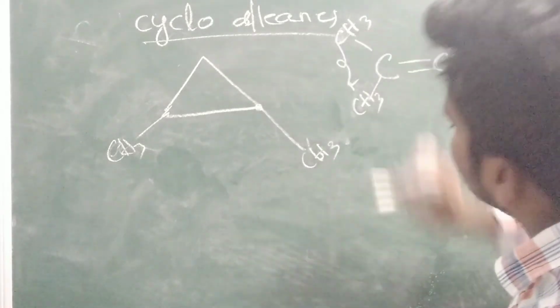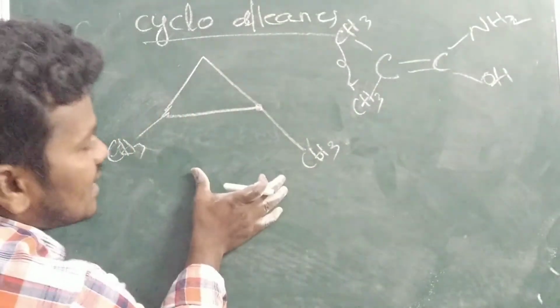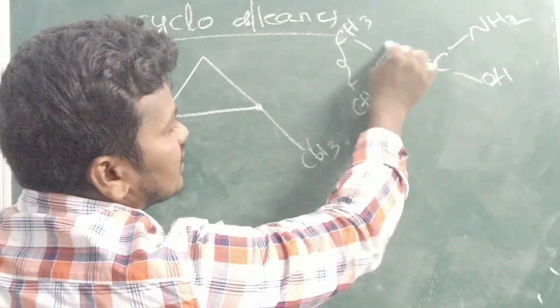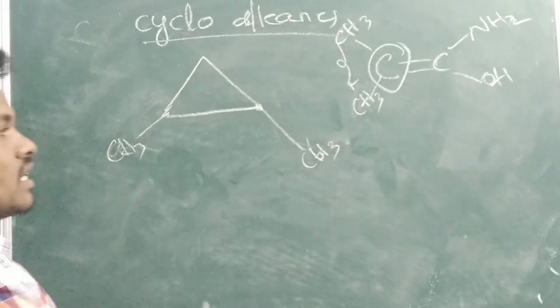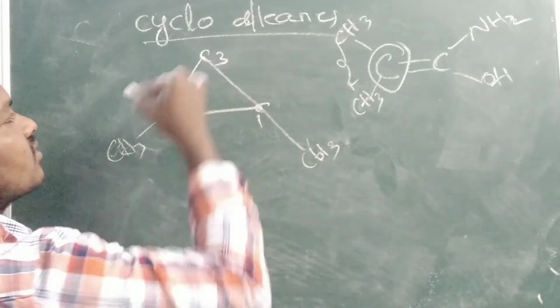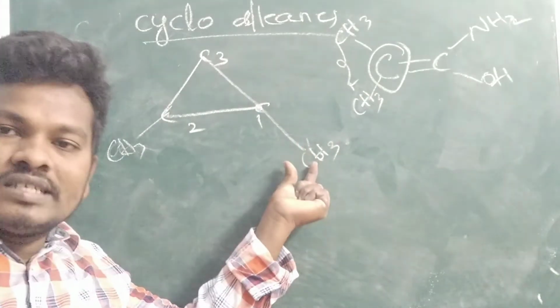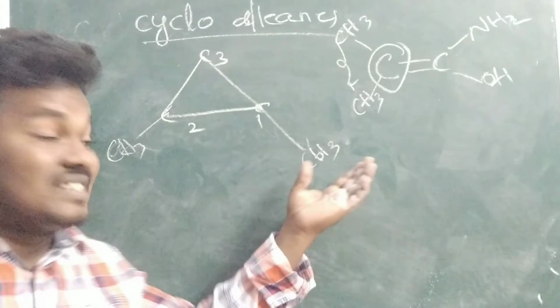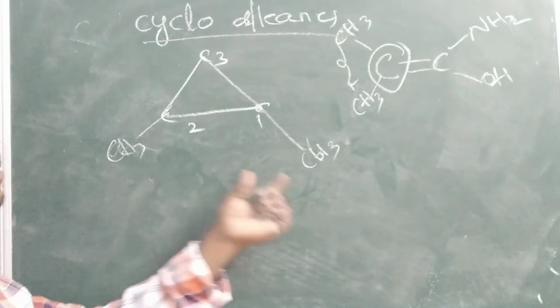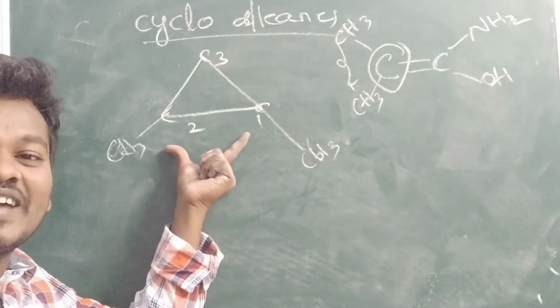Similar types of groups are presented on the same carbon, so it doesn't exhibit it. Here it is the one carbon, here the two, here the three carbon. Similar CH3 or OH or chlorine, whatever it may be, similar groups are presented on different carbons.